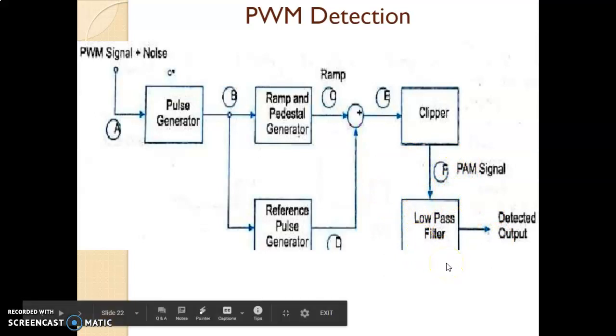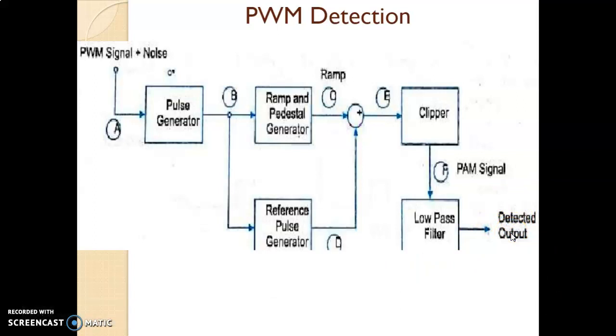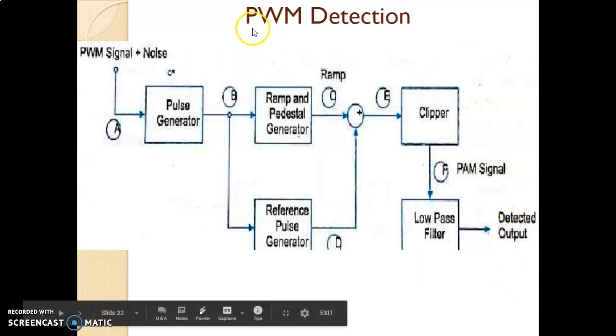The detected output which we get here is our original information signal. So what is the process? Convert the PWM signal to a PAM signal and then detect the PAM signal with the help of a low pass filter.